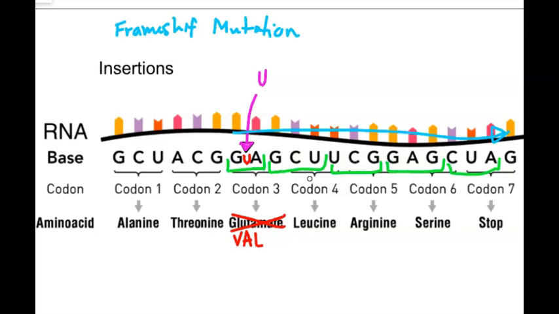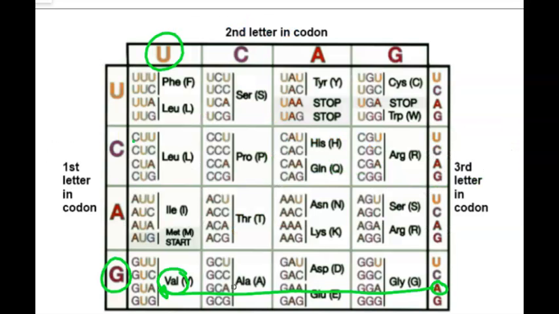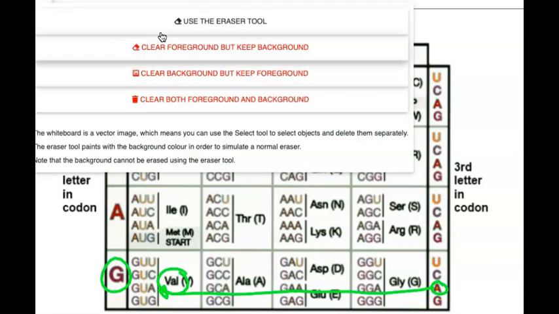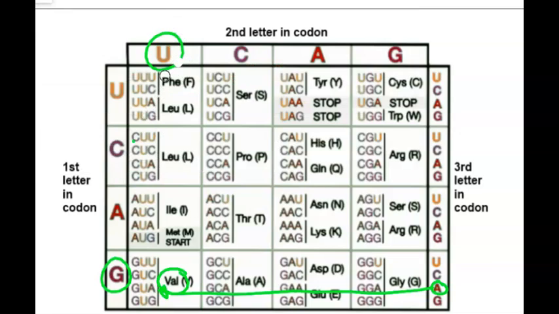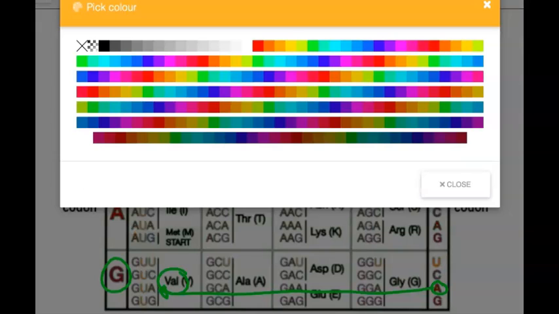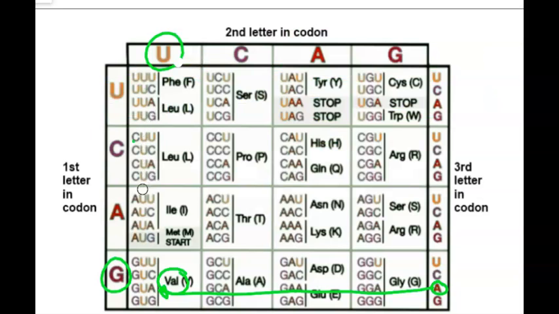How about this next codon? Codon 4 has changed to GCU. It used to be CUU, now it's GCU. So GCU, let's take a look at what that's going to be.